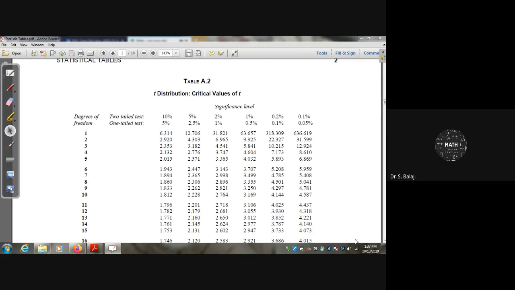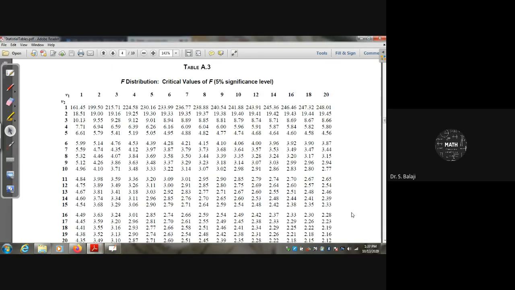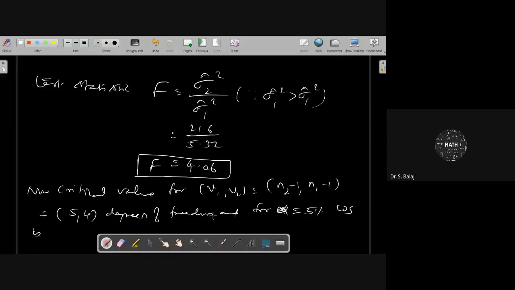The value is 6.26. The value equal to 6.26 here, that you can use.